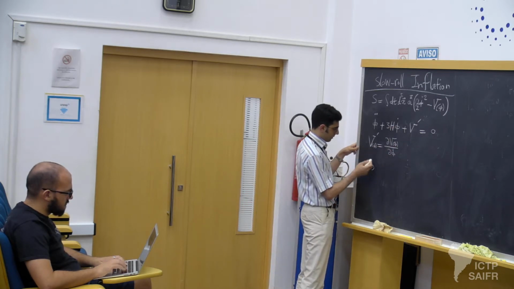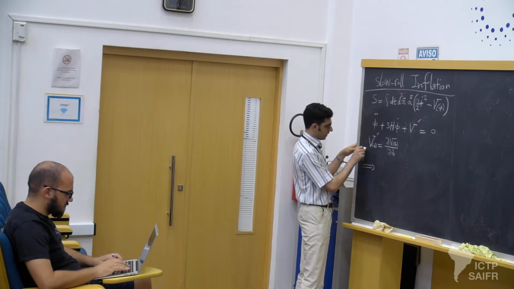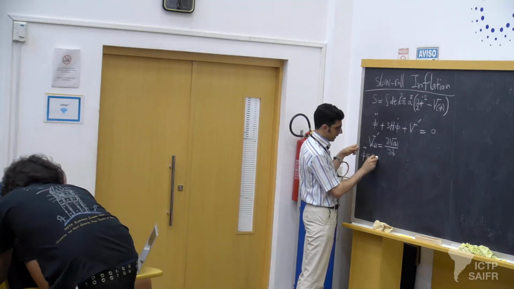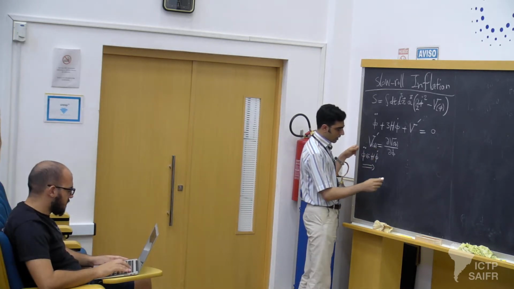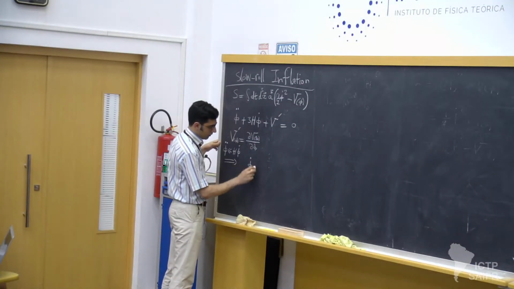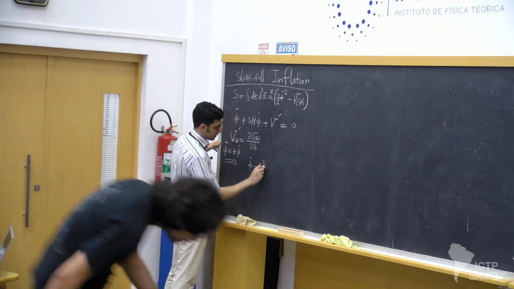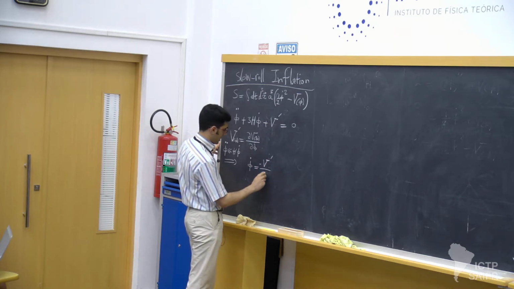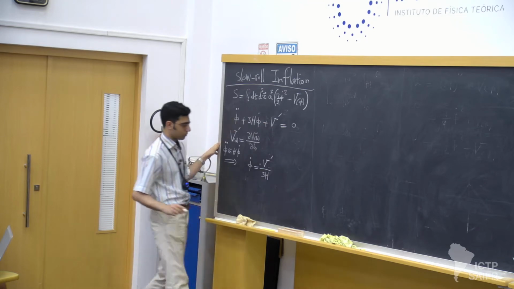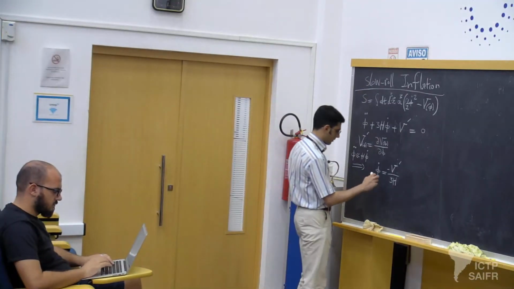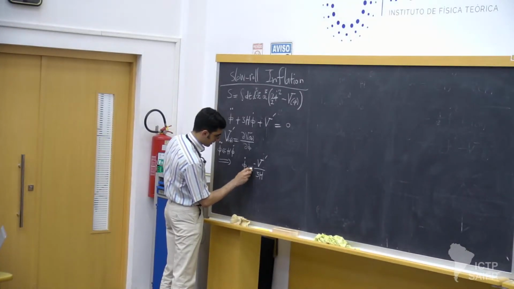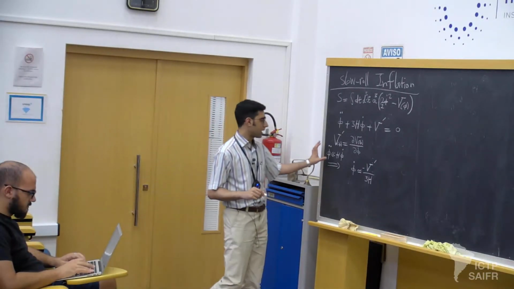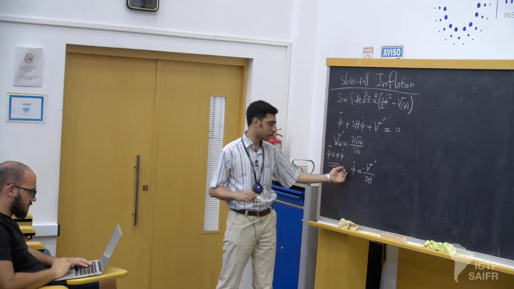So the approximation is, I assume that phi double dot is much less than H phi dot. And therefore, we get phi dot equals minus V prime over 3H. Well, of course, this is an approximation, so this is not a perfect equality, it's an approximate equality. So if I can ignore phi double dot, I get this solution.